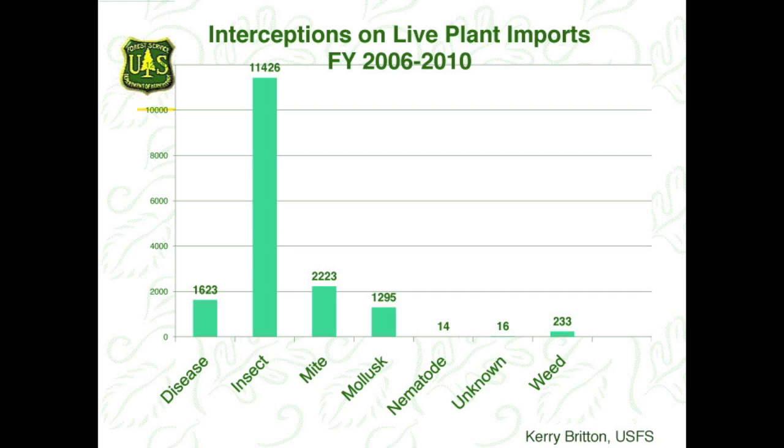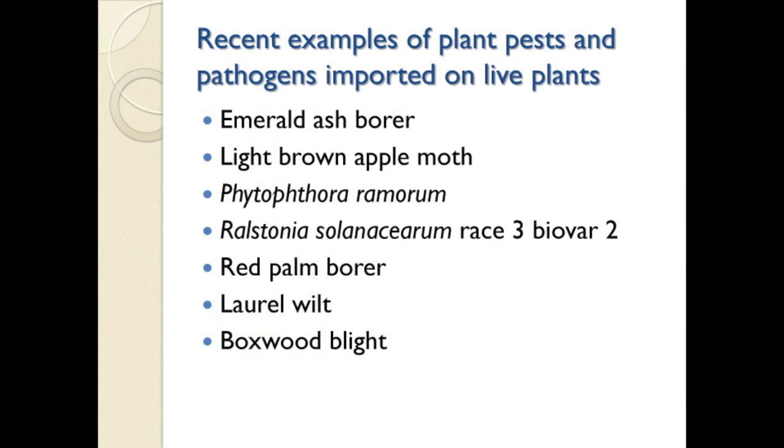So we know that these materials are coming into our country every day. And unfortunately, they harbor pests. Some of these pests become established in the United States and cause problems for agriculture and forestry.